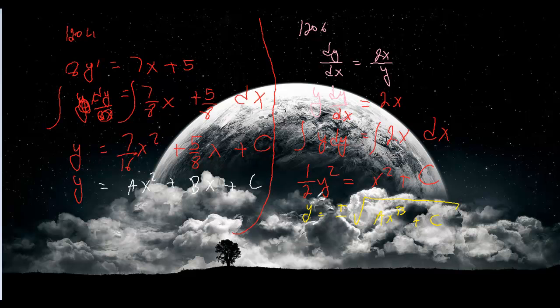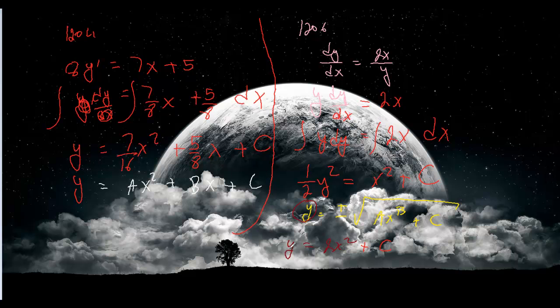So this is easy. Let's get rid of this 2 on this hand side. We want to get y only on this side of the equation. So let's get rid of the 1/2 here. So we're going to just get y squared is equal to 2x squared plus 2c, or just still c. When you multiply a constant by another constant, you just scale out the constant, so it's still a c.